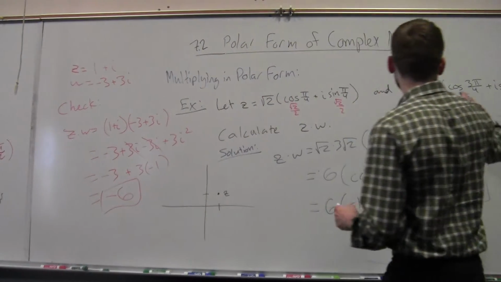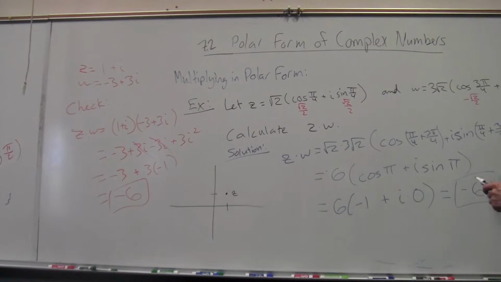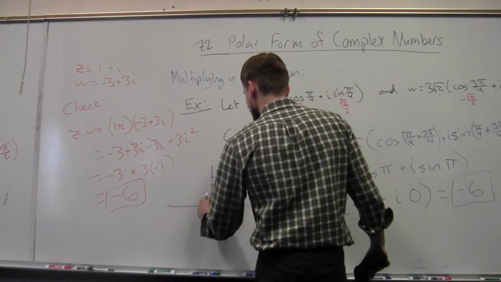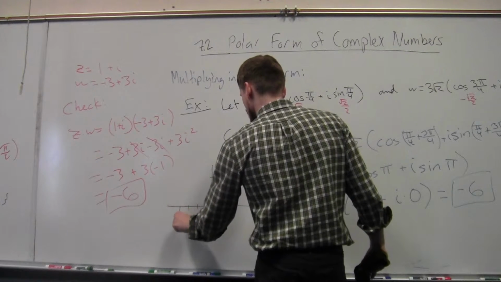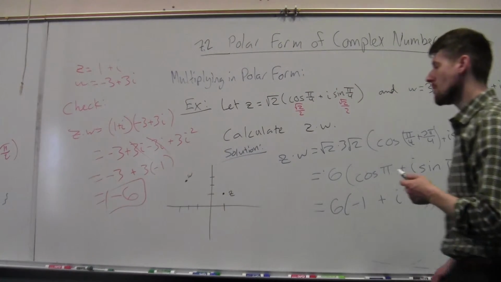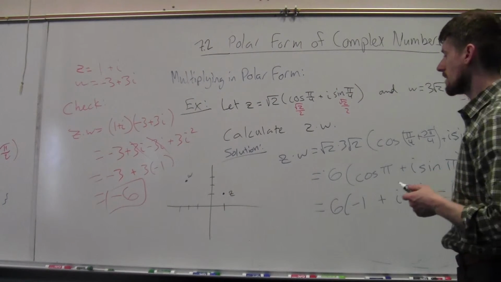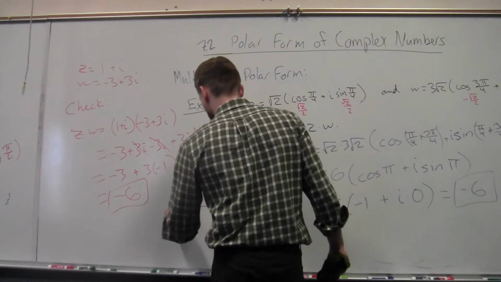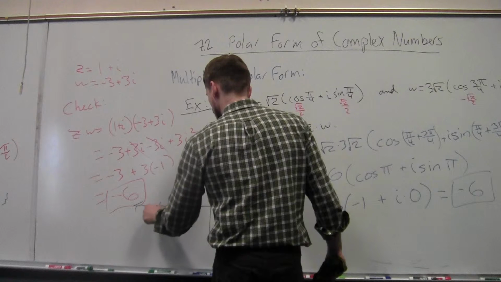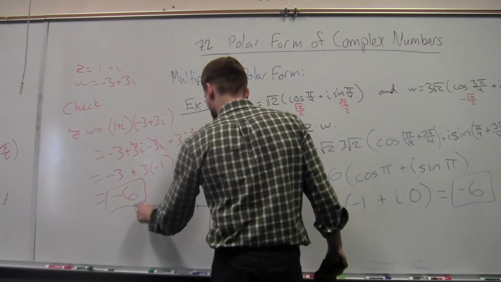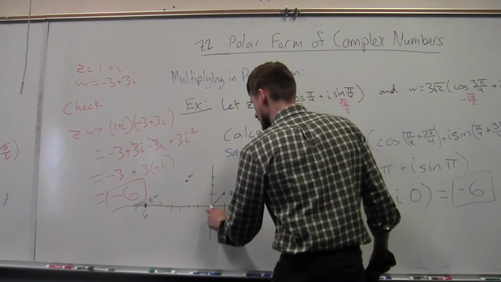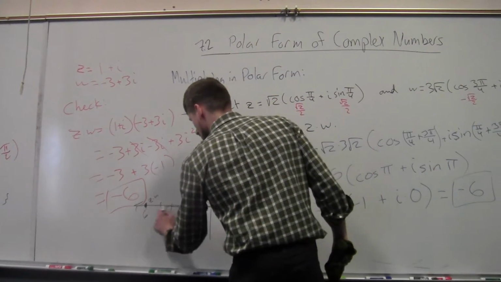And then w has a distance of 3 root 2 at an angle of 3 pi over 4, which we found was the point negative 3, positive 3. There's w. And when we multiplied these two complex numbers together, we got another number out here, negative 6. 1, 2, 3, 4, 5, 6. So this is where z times w ends up being.